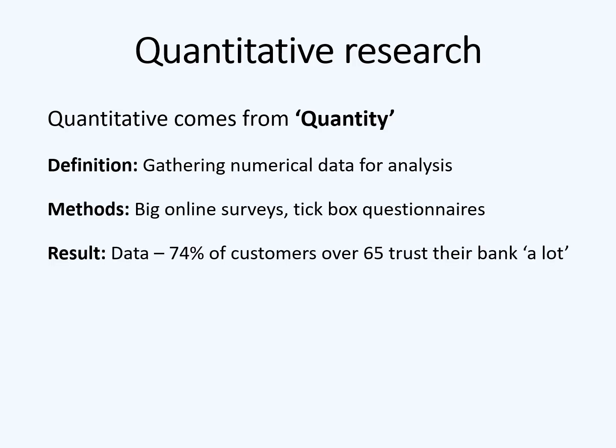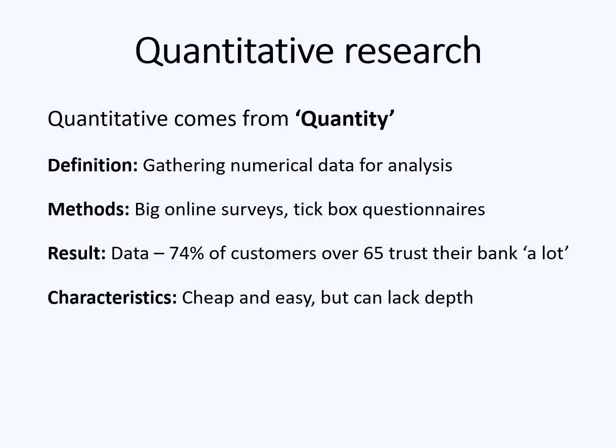It yields data. For example, that 74% of customers over 65 trust their bank a lot, or that 62% would recommend their bank to a friend. This form of research, especially if conducted online rather than in person, can be cheap and easy to undertake. However, it can lack depth.